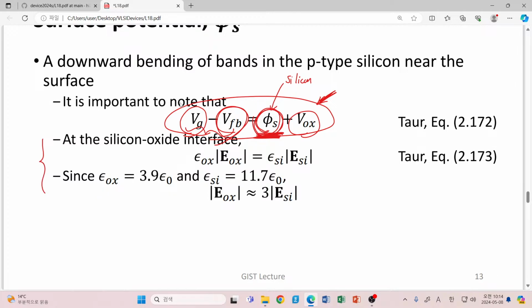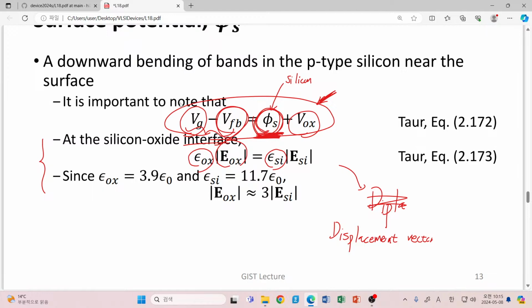Since we must have continuity of the displacement vector, and displacement is simply given by permittivity multiplied by electric field, at the interface point, the permittivity of oxide times the electric field measured in the oxide should be equal to the silicon permittivity times the silicon electric field.